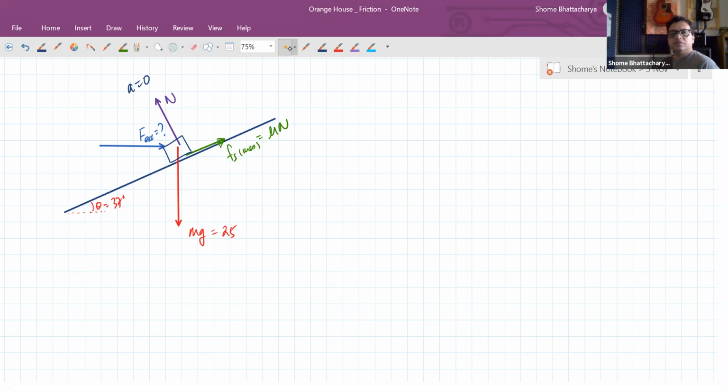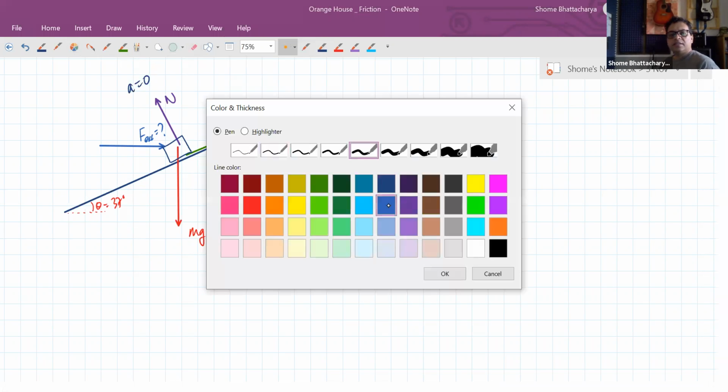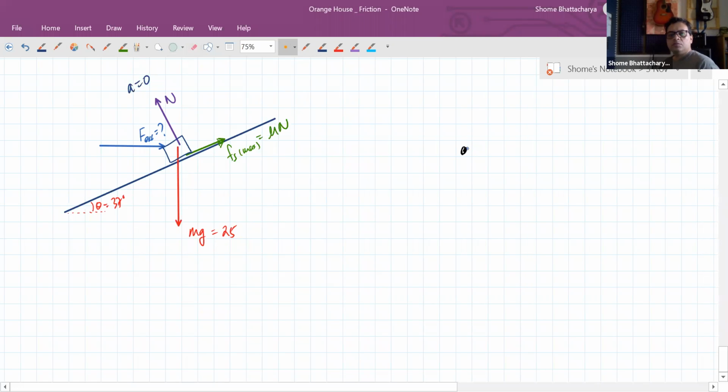Now when we make the free body diagram with the forces resolved, the components of this external force will become F external cos theta like this, and F external sin theta like this.